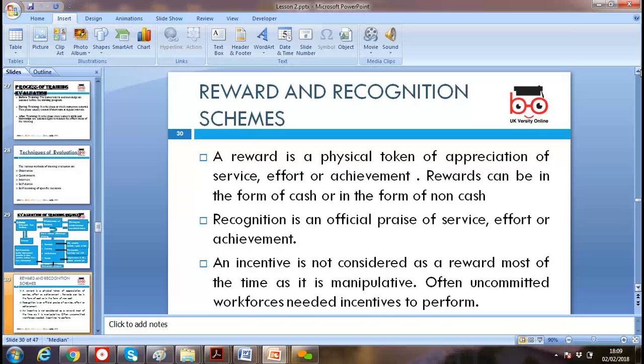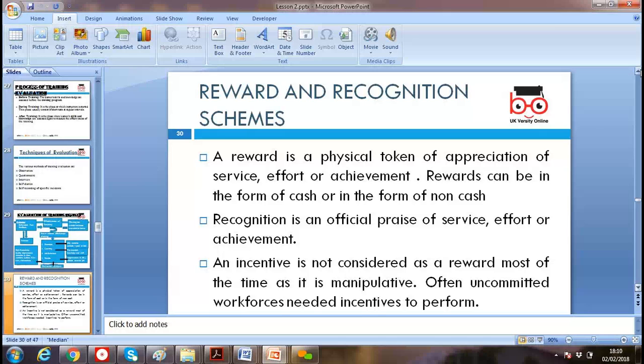Reward can be in the form of cash or non-cash. We call it extrinsic and intrinsic. Extrinsic means the cash; intrinsic is something we can't see but we can recognize. The best person or the best salesperson of the year, not in cash, but we are giving them recognition. Like an award, certificate, those sorts of things.